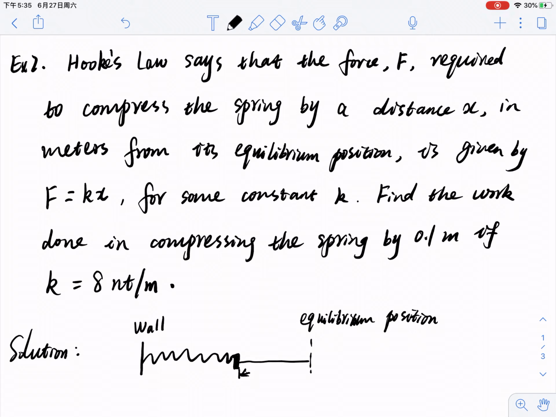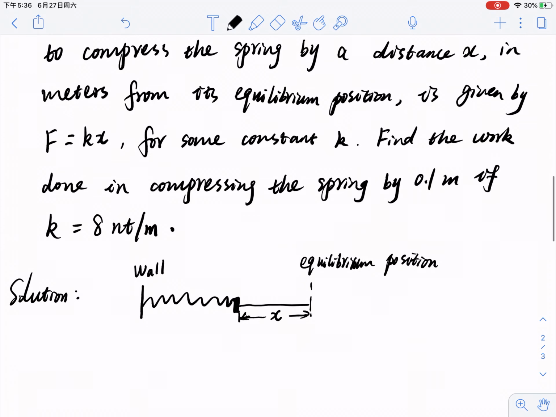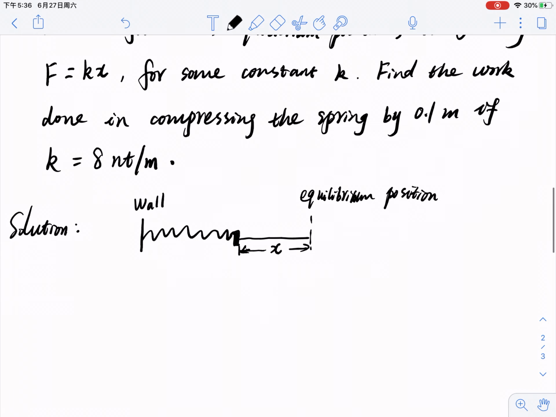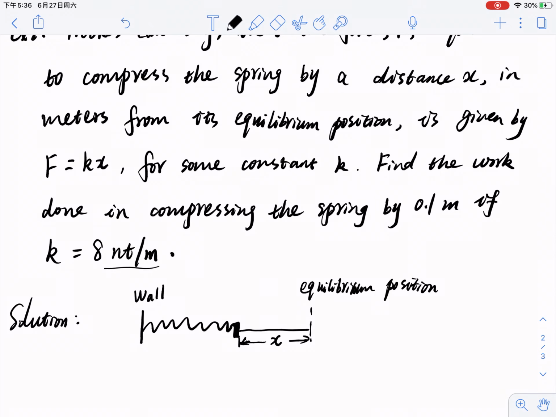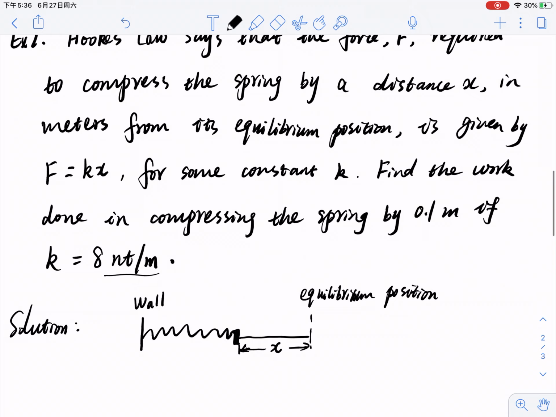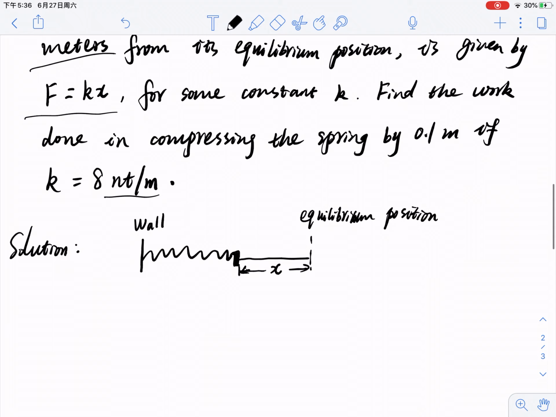This is x. Since k is in newtons per meter and x in meters, and we know that F is kx, we have F is 8x newtons.